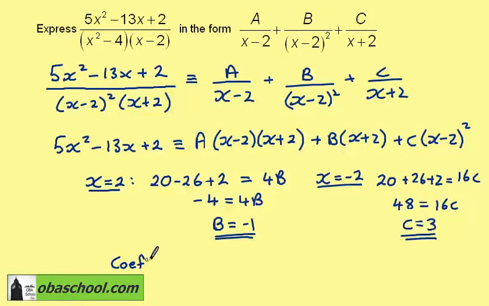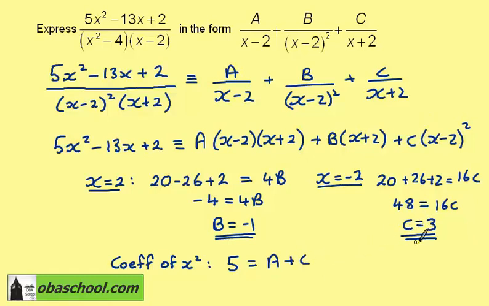In this case, I'm going to look at the coefficient of x². On the left, the coefficient is 5, and on the right, we'll get an x² from here, multiplied by a, so the coefficient is a. We won't get 1 from this term, but from this term, we'll get an x² multiplied by c.